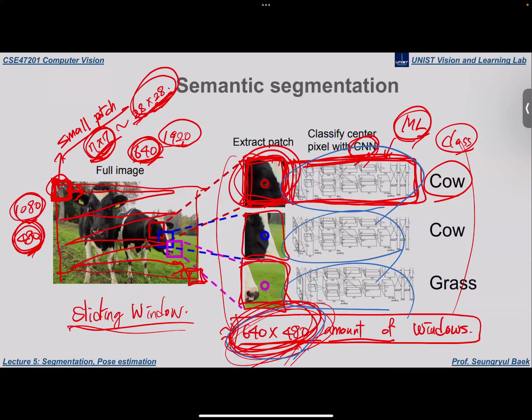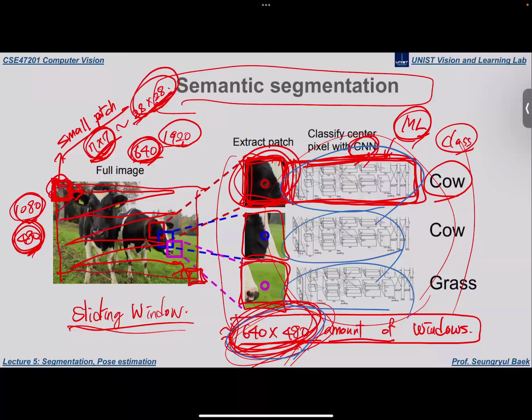10 years ago, before we used deep learning algorithms, we implemented semantic segmentation algorithms in this way. We extract patches around each pixel and input these individual patches to the machine learning algorithm to classify each patch.